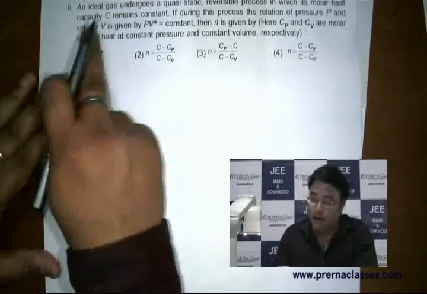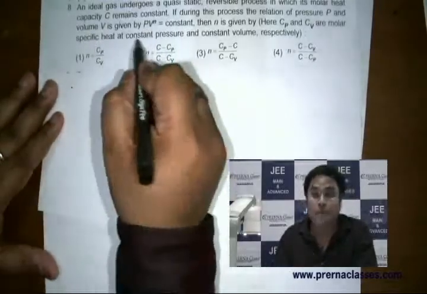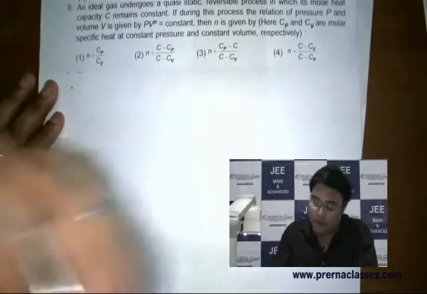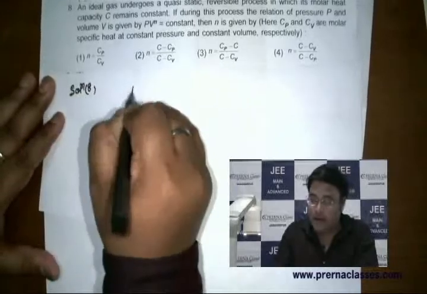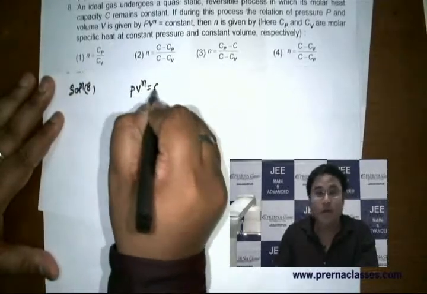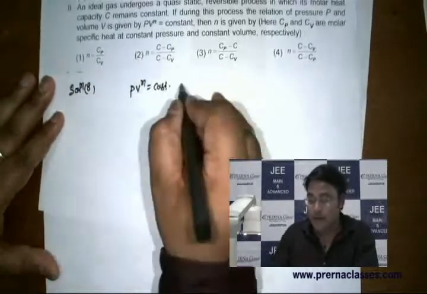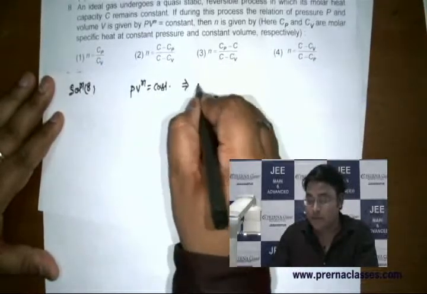Okay, next is the 8th question. In this question, a thermodynamical process is given in the form of PV to the power n is constant, so you may write it as a polytropic process.